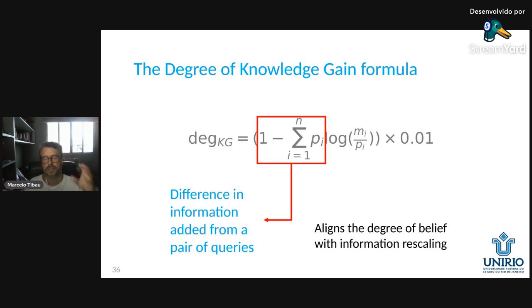The degree of belief is the set of the searcher's beliefs that they bring to the search, with information rescaling. Information rescaling is when the searcher adds new information that rescales what they already know about the topic.